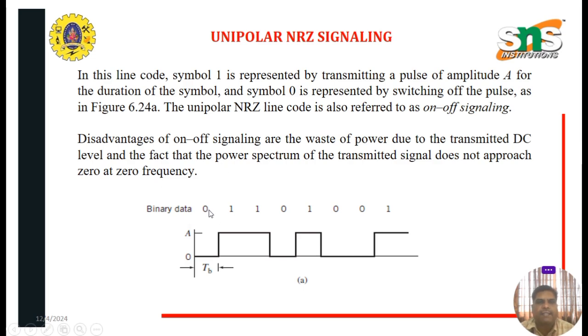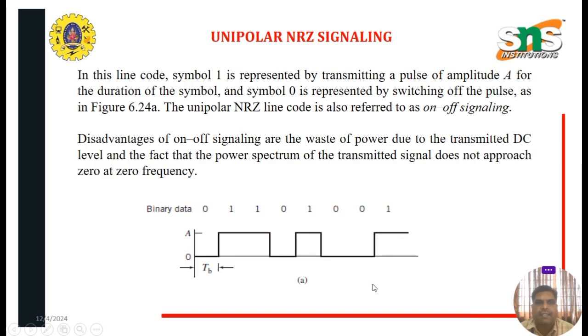If the binary data is 0, no data is transmitted. If the binary data is 1, a square pulse occurs. Then 0 means no pulse is transmitted, 1 means a unit pulse is transmitted, 0 means no data is transmitted, and then again 1 means a unit pulse is transmitted.